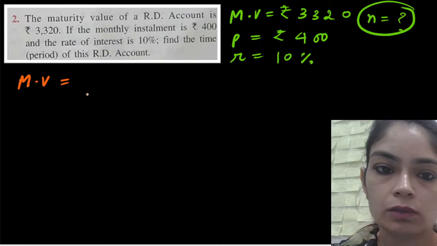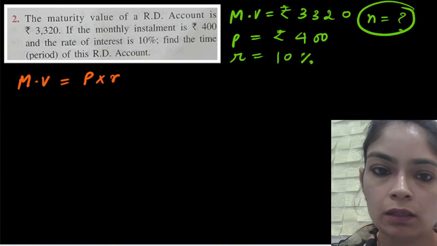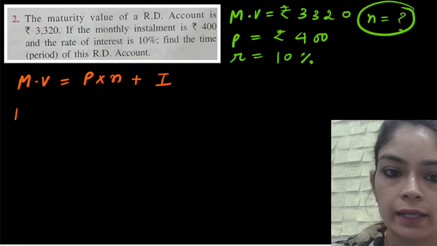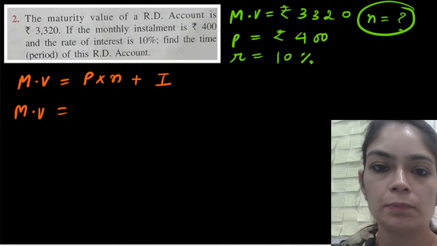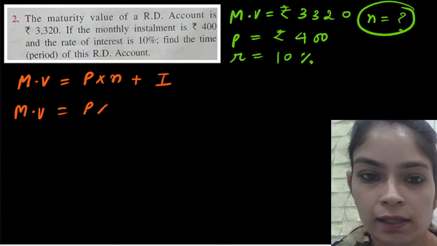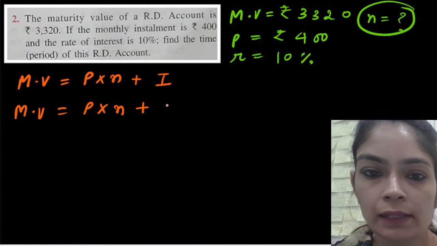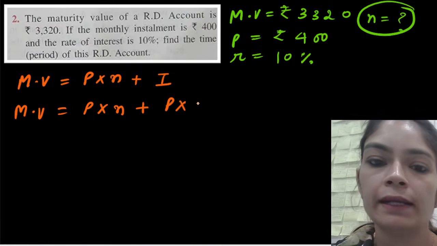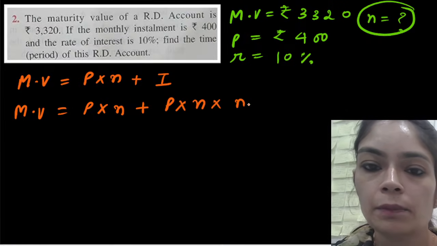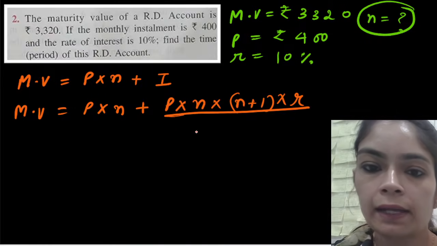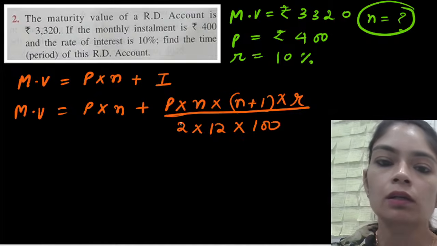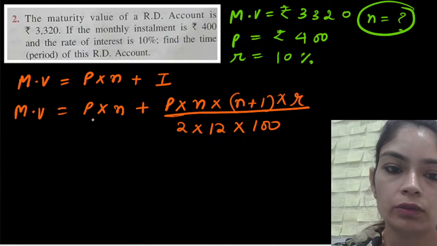MV is equal to P into N plus I. Again, I'll expand I also because we don't know the value of I. I's formula I'm writing here: P into N into N plus 1 into R by 2 into 12 into 100. I've just written all the formulas. Now let's substitute the values.